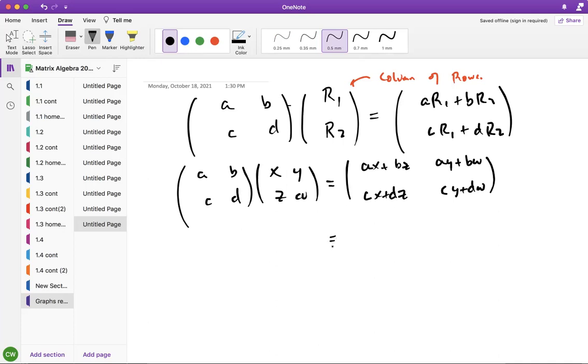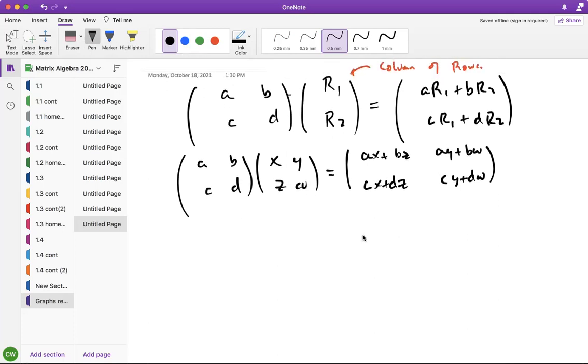So first of all, row 1 is XY, and if you think about it, you can group these elements together and group these elements together, and you get A times XY plus B times the vector ZW.